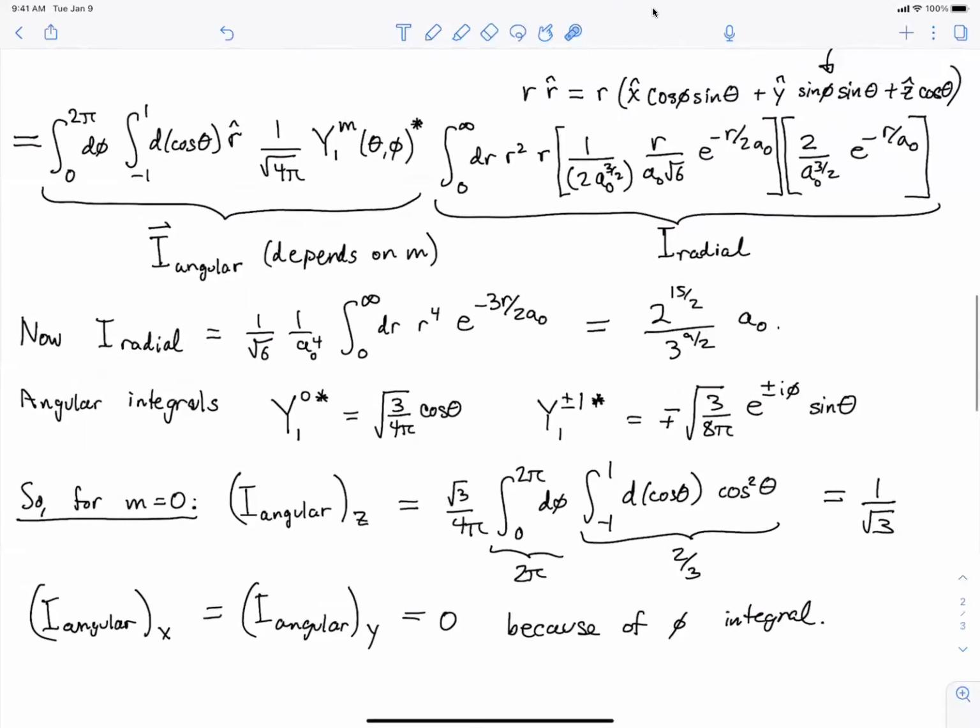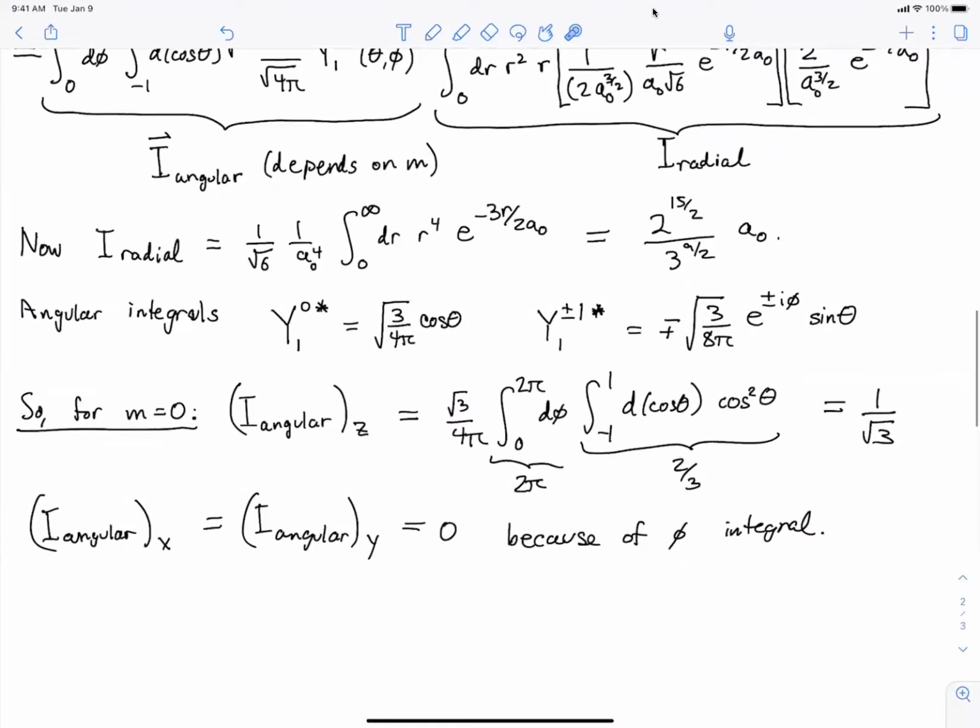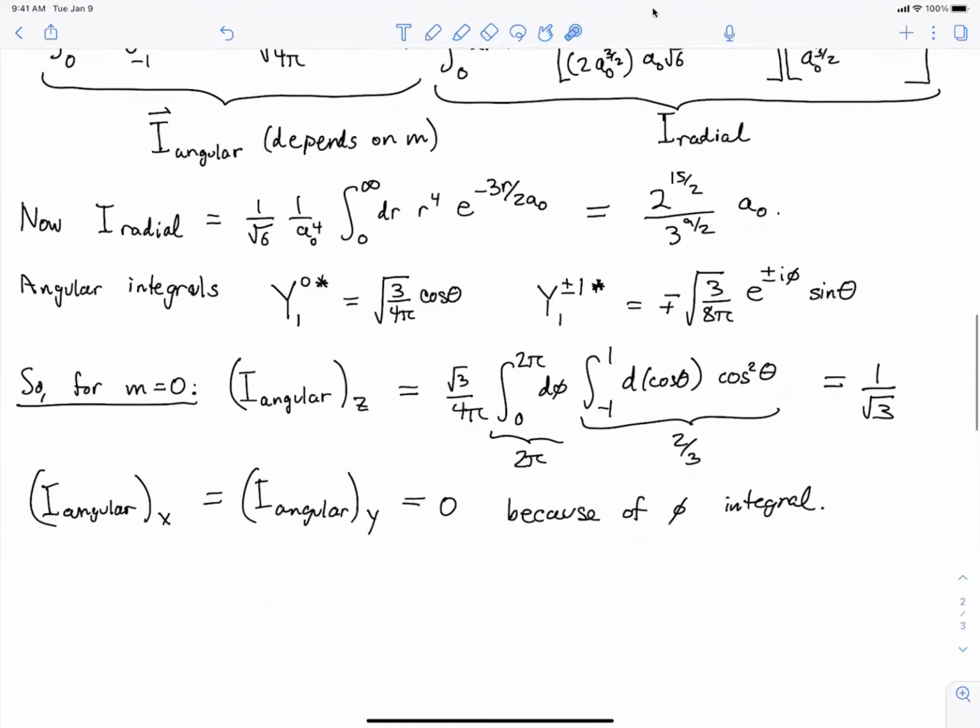And if we go up here, these have cosine phi and sine phi dependence. So when you integrate over a full cycle in phi from 0 to 2 pi, the integral of cosine phi is 0, and the integral of sine phi is 0. The reason that didn't happen for the z component was there was no trigonometric function of phi there. So these are just 0, and we're actually done with the m equals 0 case, which is good news.